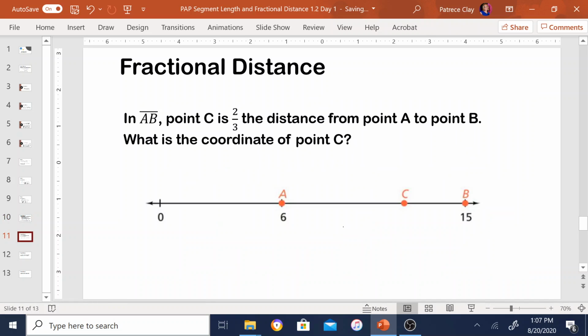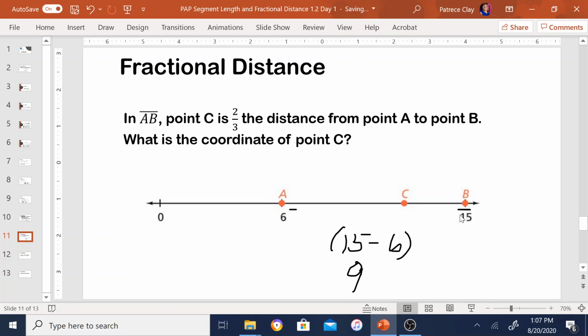So we got it. Okay, so A is located at 6, B is located at 15. So first we start by knowing these two values. So we take the right point from our formula, which was 15 minus 6. So that value is 9, right?